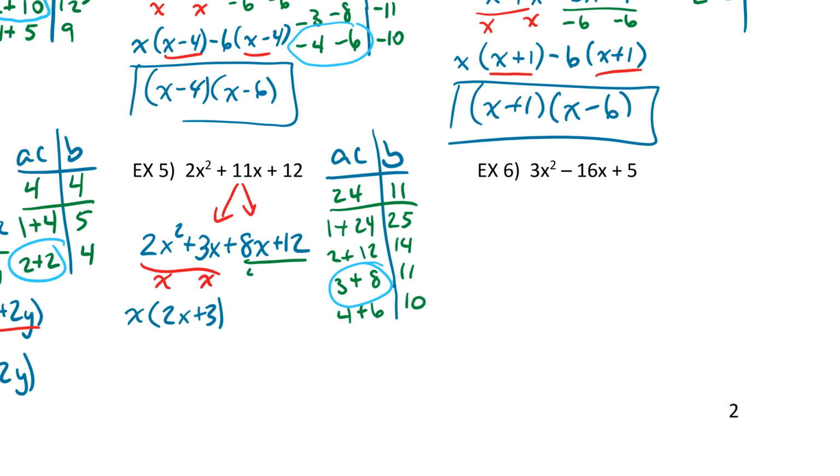GCF of the second group would be 4. So we're going to have plus 4 times 2x plus 3. Insides match. So we're going to have 2x plus 3 times x plus 4.